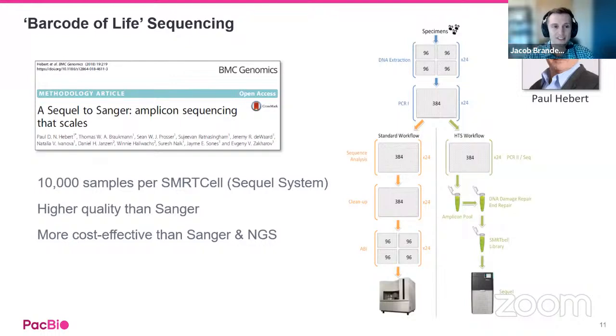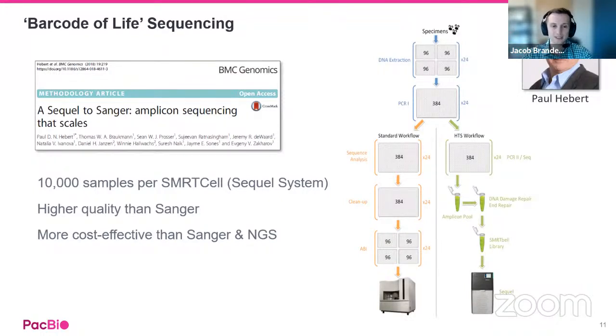Another great example of this is on the metabarcoding side. The biggest effort going on right now is the Barcode of Life. This is out of the University of Guelph in Canada, or Paul Hebert's group. They did an initial pilot to see if they could use our instrumentation to replace all of the Sanger sequencing that they were doing.